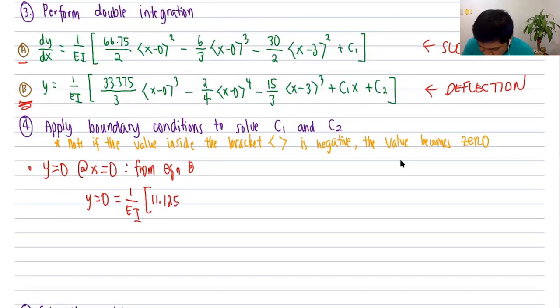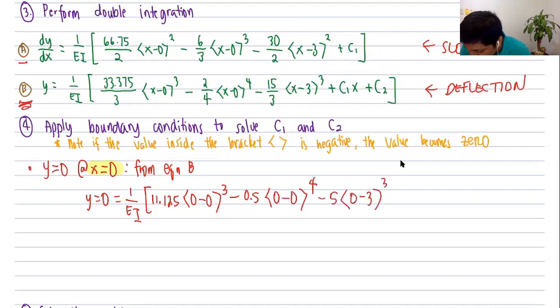We mentioned that x is equal to 0, so 0 minus 0 raised to 3, minus 2/4, so 0.5, times x minus 0, again x equal to 0, raised to 4. Then 15 over 3, so minus 5, times 0 minus 3 cubed, where x is equal to 0, plus C1 times 0, since x is equal to 0, plus C2.